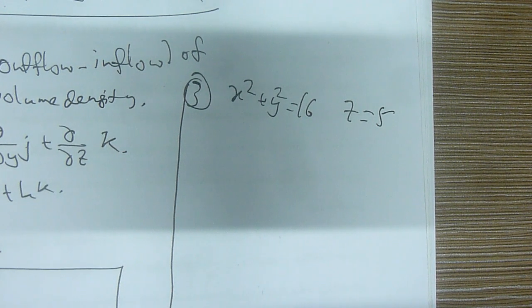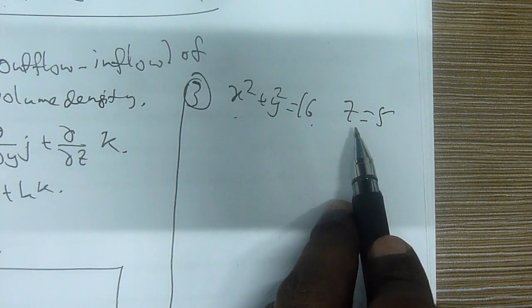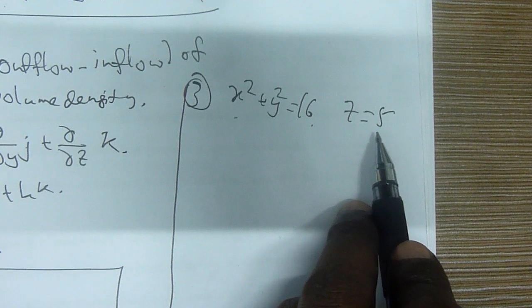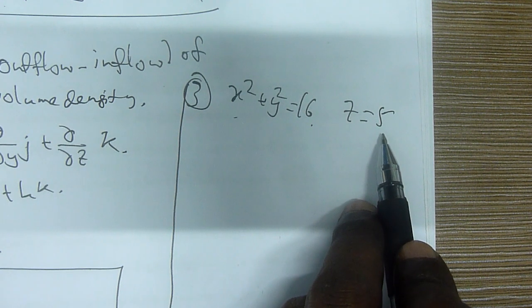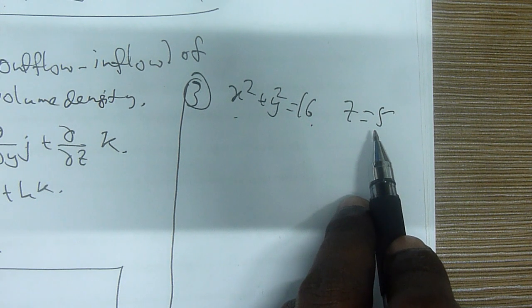You notice that this is a circle, of course, and you can see one more additional thing, z equals 5, which means there is something additional.